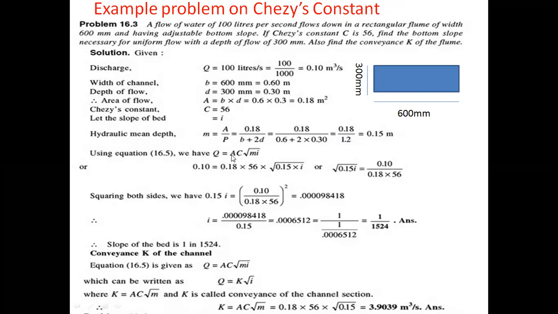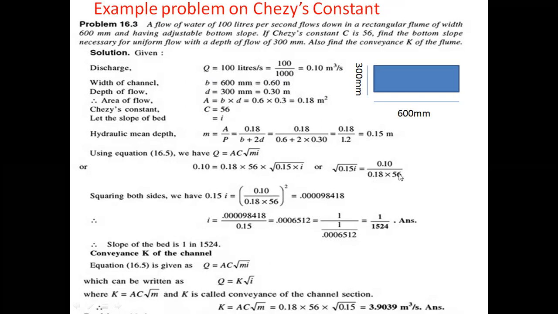Using the Chezy constant, Q equals A C root of m I. The discharge is already given: 0.10 equals area 0.18 into C, which is 56, into root of m, which is 0.15, into I. From this, root of 0.15 I equals 0.10 by 0.18 into 56.